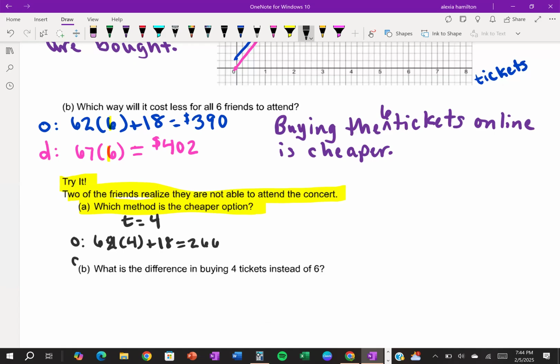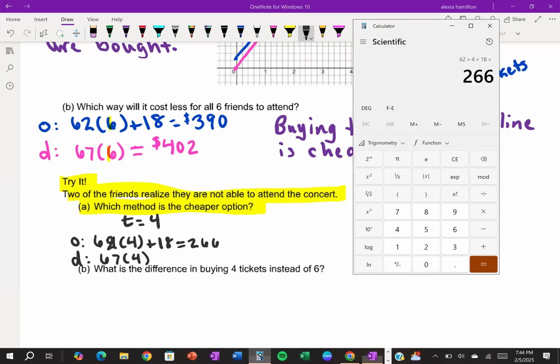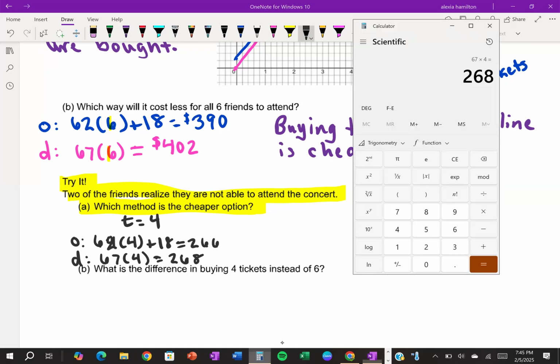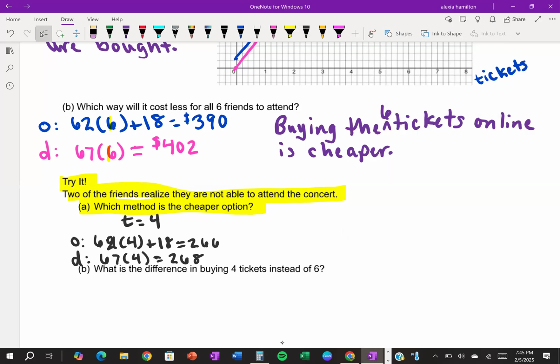Door is 268. Just wanted to double check. Which method is cheaper? Online. Online is still cheaper.